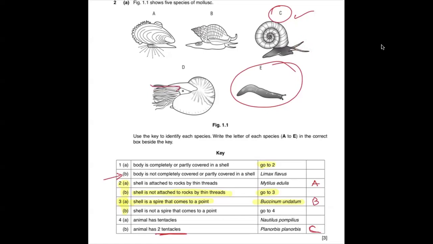Now Hanitra, try number D. Okay, number D. It's partially covered by a shell. Before, where is Harshvita? She's in the washroom, sir.